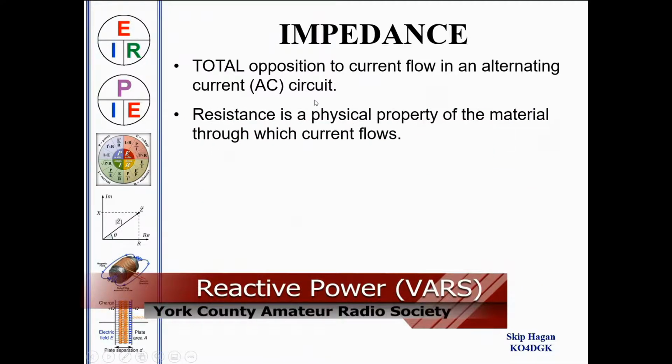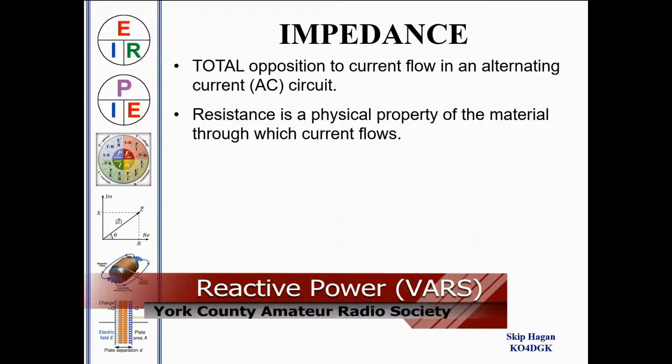So resistance, it's good to remember, is a physical property of the material through which current flows. So we can change the type of material in a resistor, and that will change its resistance. We all know that gold is a much better conductor of electricity than carbon.